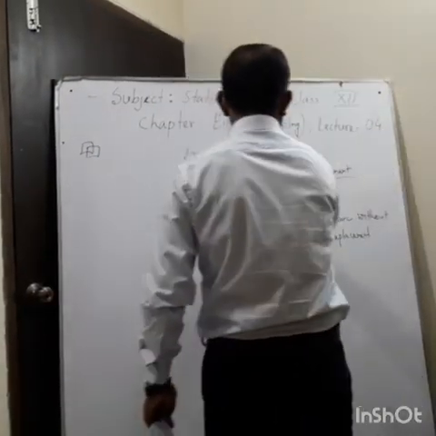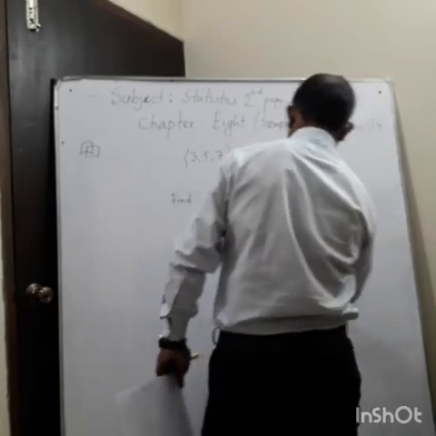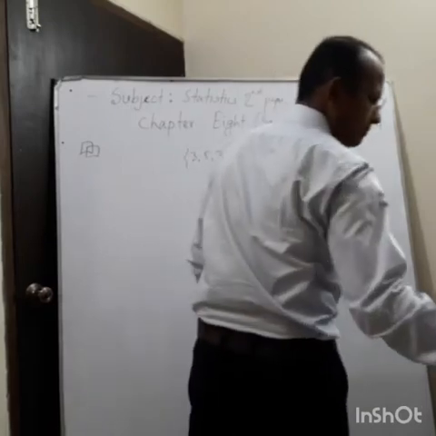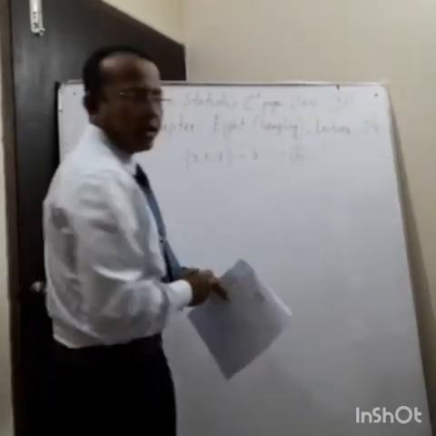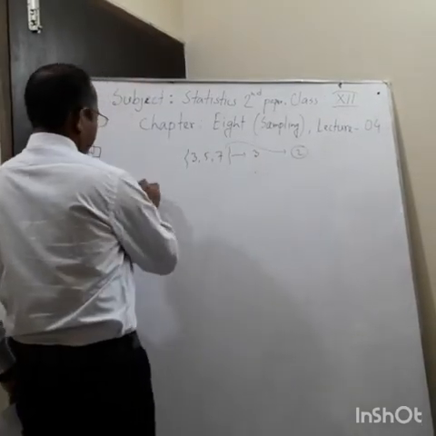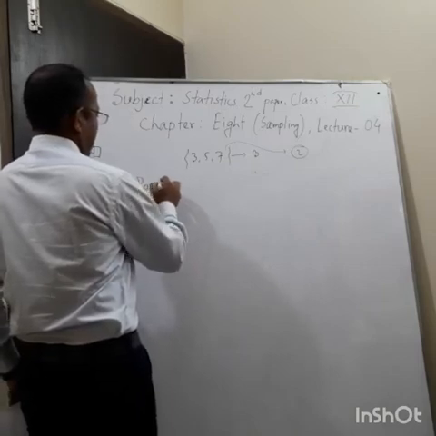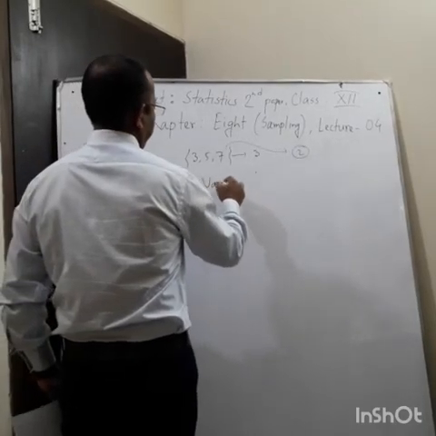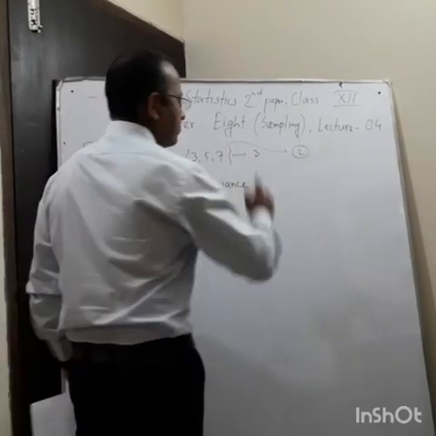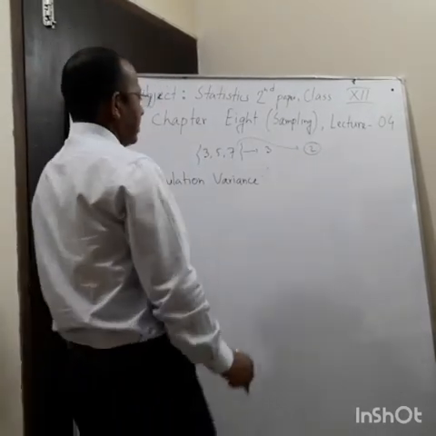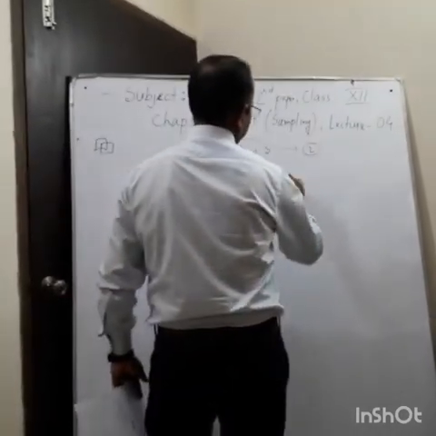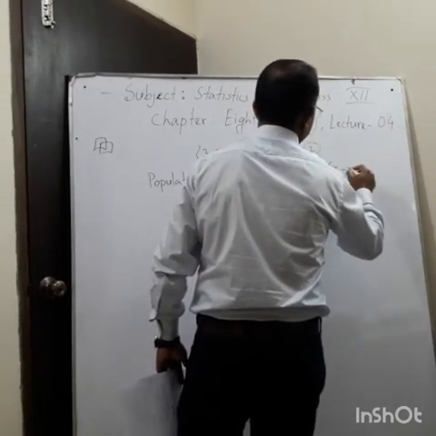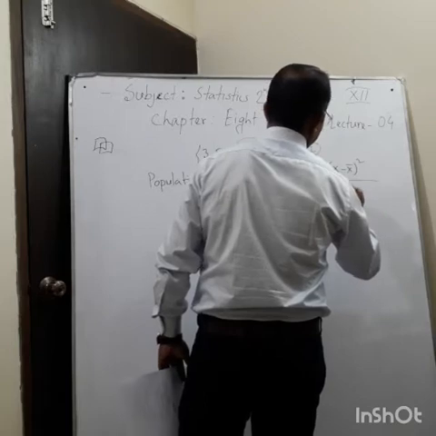Now, first one, when it is population variance, then it is sigma square x equal to summation of (x minus x bar) whole square divided by n.